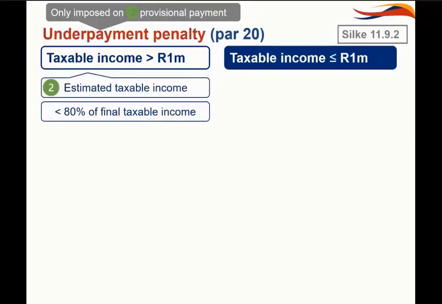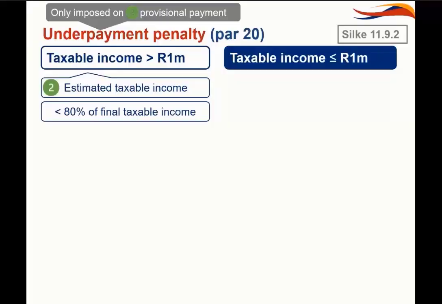Okay, so this is just to decide, am I subject to an underpayment penalty or not? Let's say my estimated taxable income was 9 million, my final taxable income was 10 million, then I'm fine. There's no underpayment penalty. That 10% difference, SARS is fine with, okay?